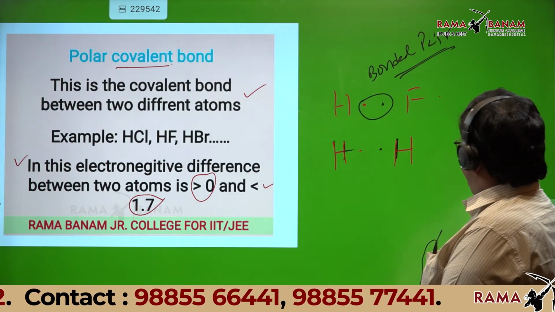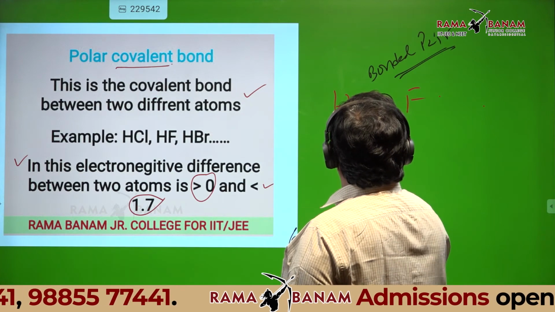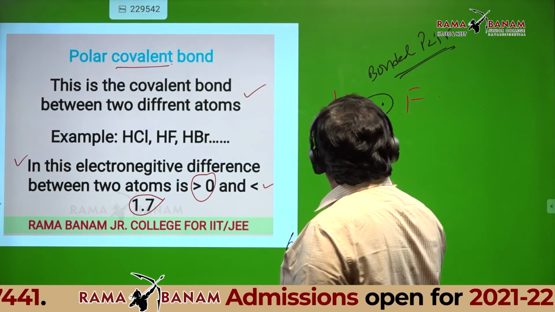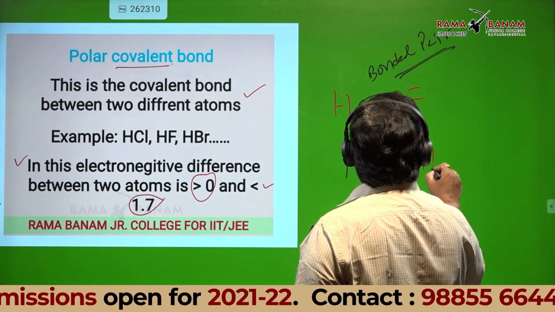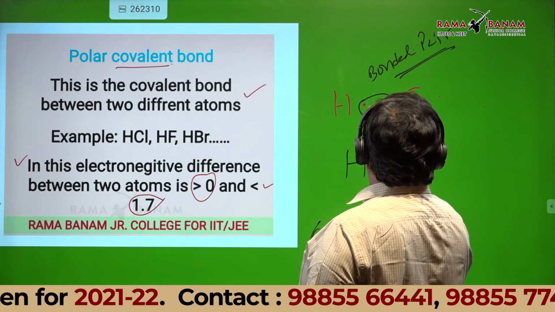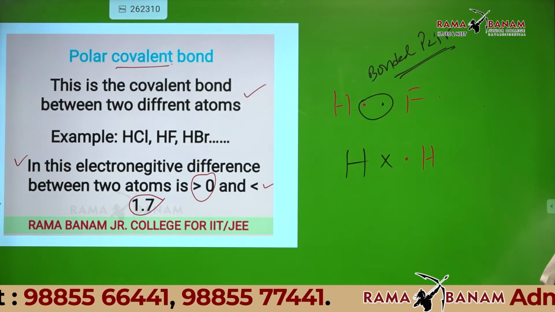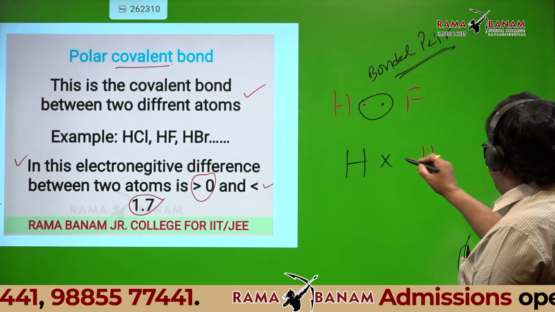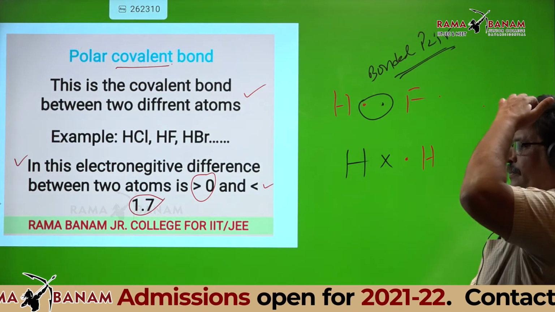Each hydrogen atom contributes 1 electron and results in the formation of a bond. Is it okay?